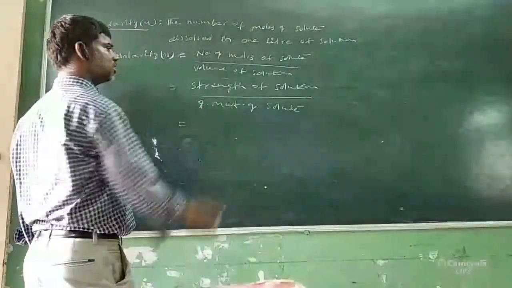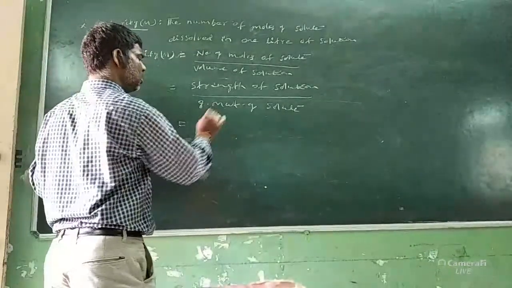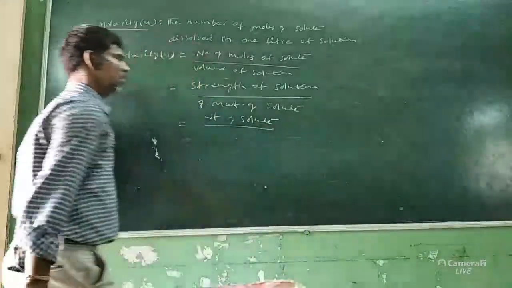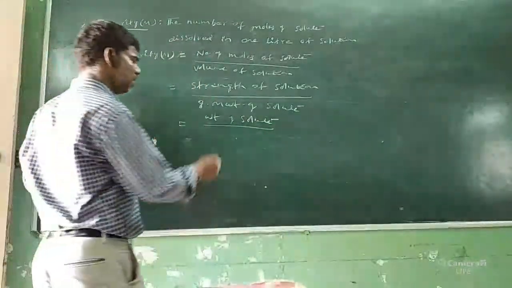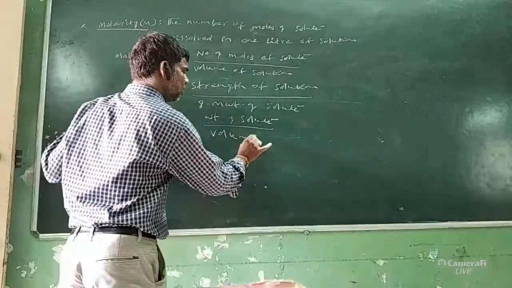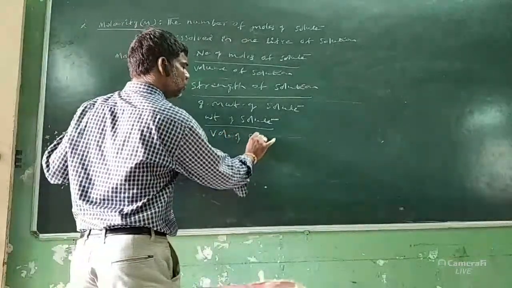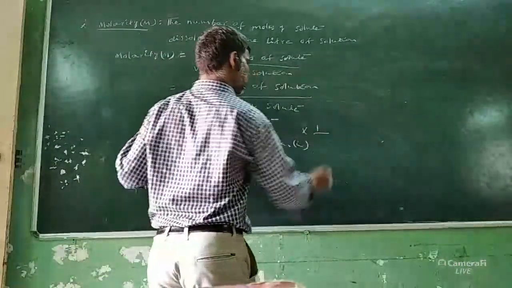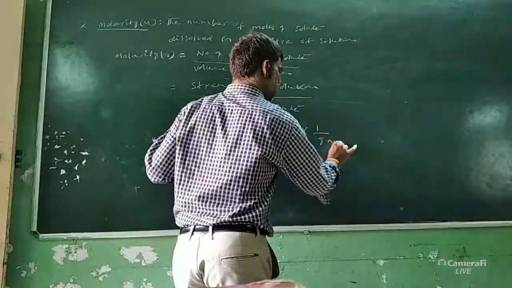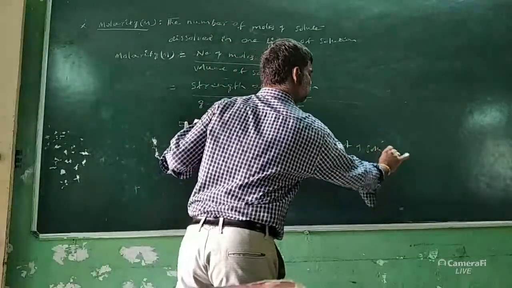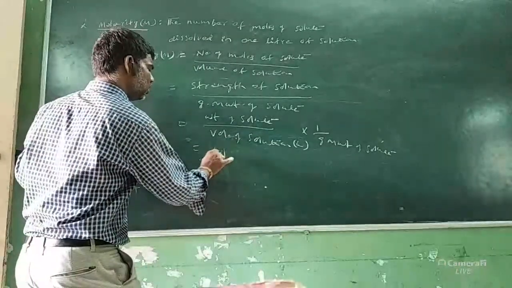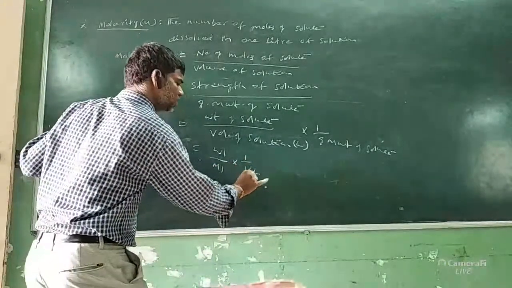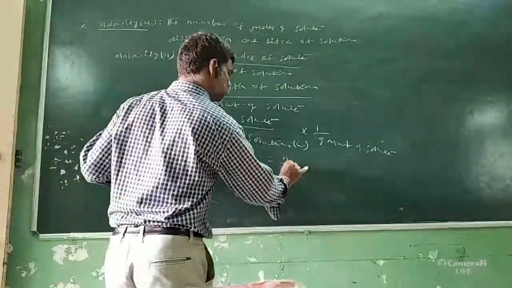We know that the strength of solution is nothing but weight of solute by volume of solution in liters, into 1 by gram molecular weight of solute. So the weight of solute is W1, the gram molecular weight of solute is M1, into 1 by V in liters. So that is nothing but number of moles per volume.